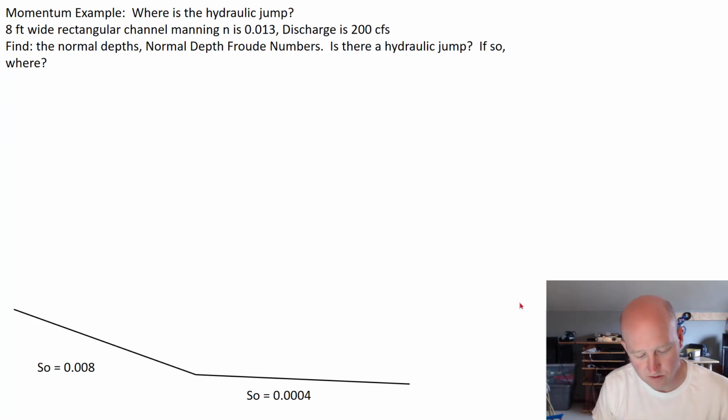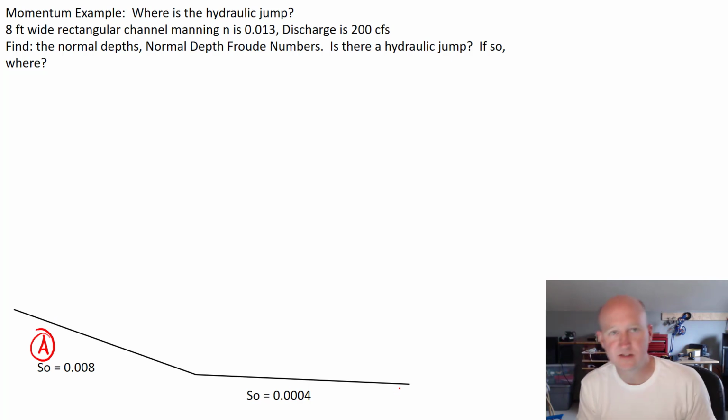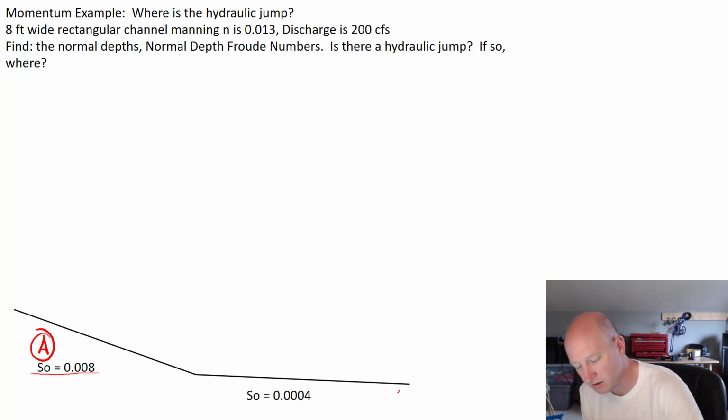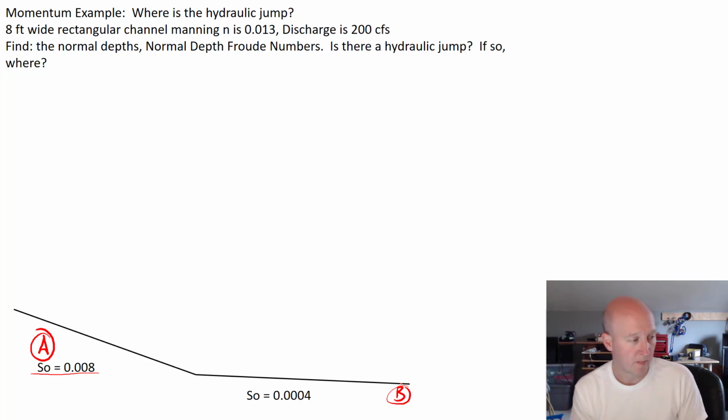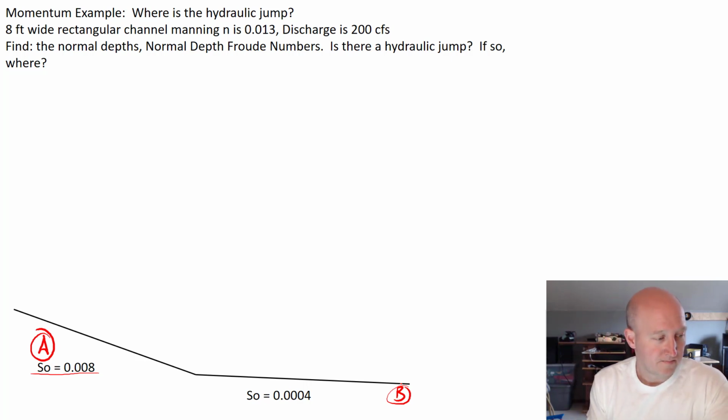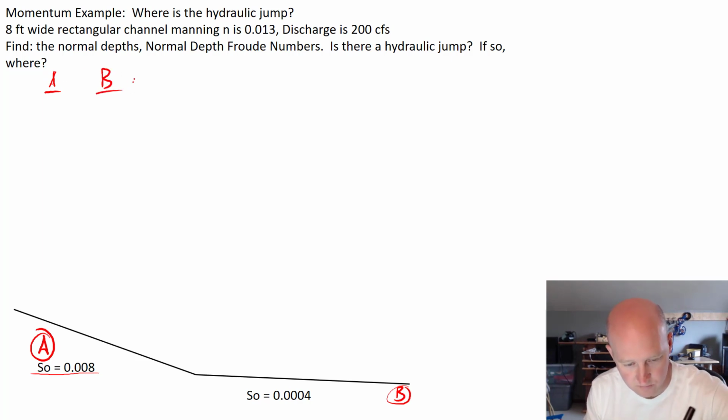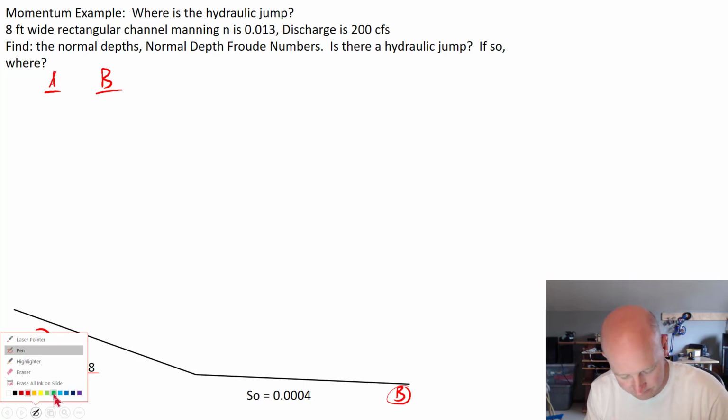So to help us work the problem, let's call this section A. A is going to be associated with the slope of 0.008 and B with the slope of 0.0004. So for section A and section B, we're going to do this. We need to know what normal depth is going to be.